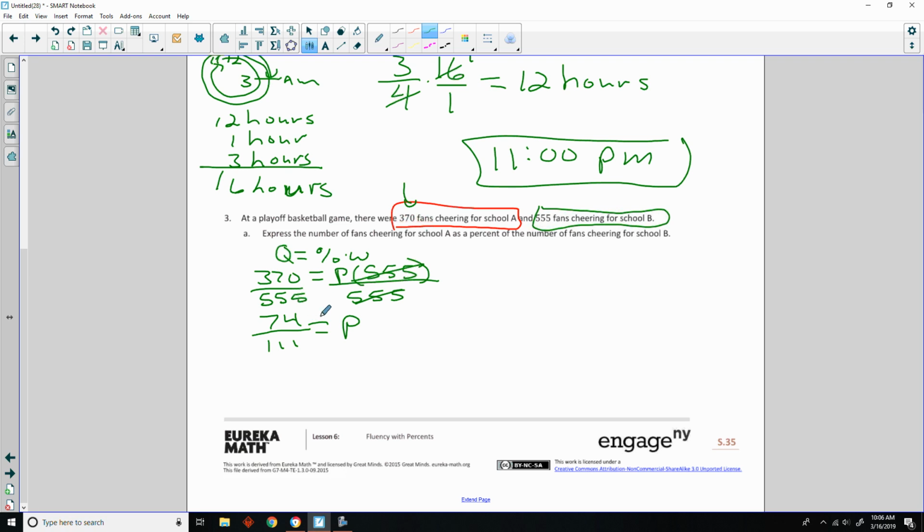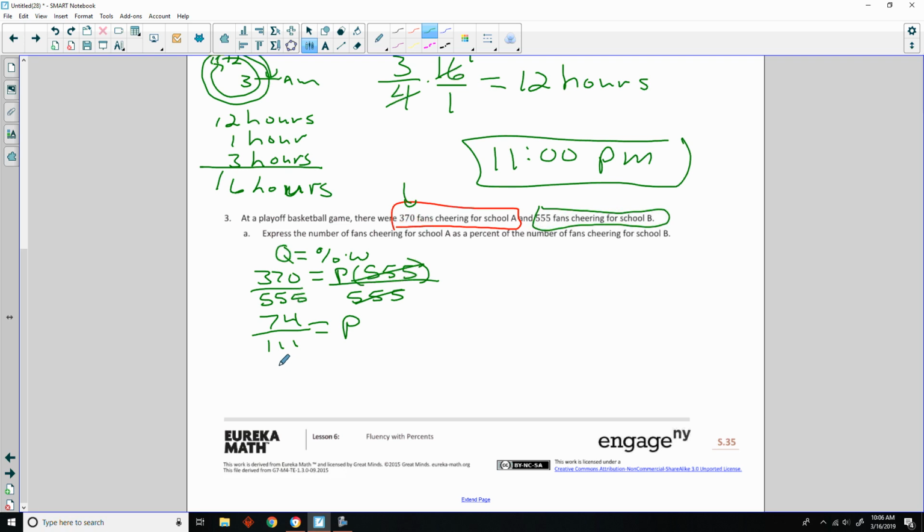Half of 74 is 37. Okay, so 74 divided by 2 is 37. So if I divide both by 37, hey Siri, what's 37 times 3? 37 times 3 is 111.